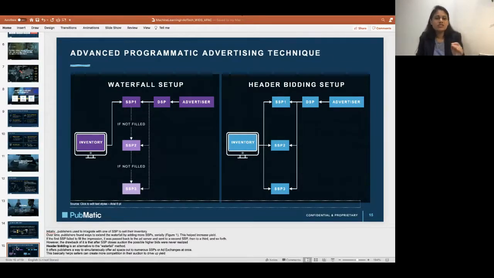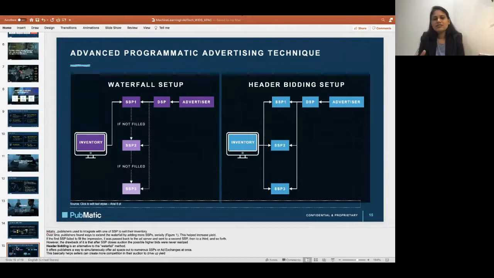Now, the major drawback of this particular setup is that once the SSP closes the auction, the publisher never realizes the highest bid. So in order to overcome this challenge, there is an alternative strategy, which is the header bidding setup. This is a more advanced programmatic advertising technique.